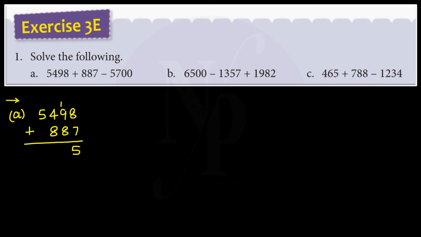So 1 ten plus 9 tens becomes 10 tens, and 10 tens plus 8 tens becomes 18 tens, and 8 tens are retained here, and 10 tens, that is 100, is carried forward to the next column or hundreds place.